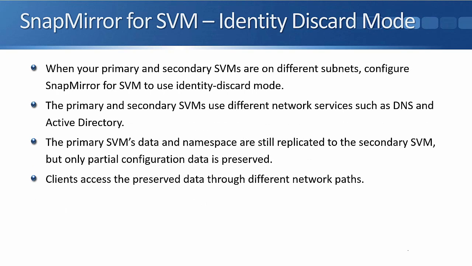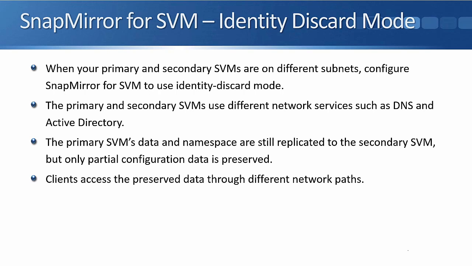The other way we can configure SnapMirror for SVM is identity discard mode. When your primary and secondary SVMs are on different subnets, configure them to use this identity discard mode. Here, the primary and secondary SVMs use different network services such as DNS and Active Directory.